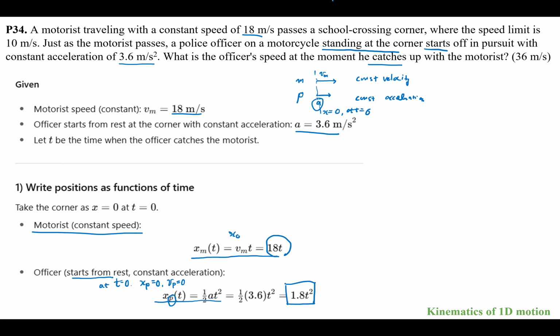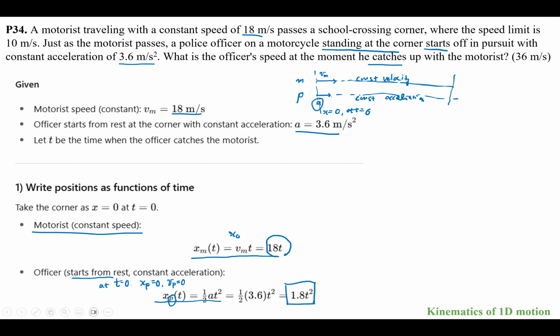And then there's another very important thing. What do we mean by catches up? The police will catch up with the motorist. When it means catch up, it will have the same distance.